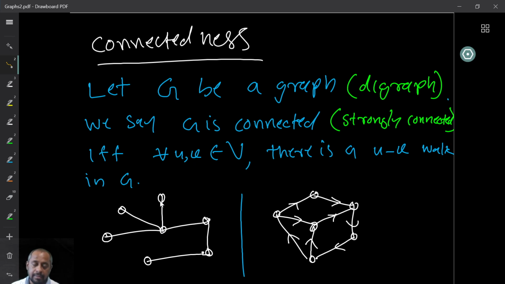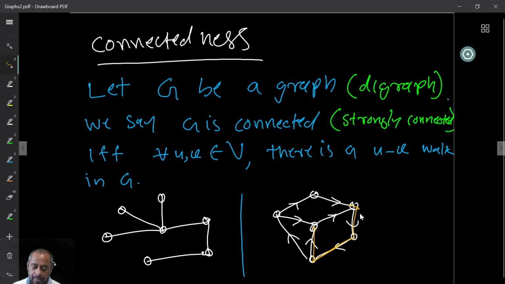Now this digraph is strongly connected because, again, you can verify that if you start from any vertex, you can go to any other vertex. So I want to go from here to here, here. This is possible. I can go from here to here. Similarly, from any vertex, I can go to any other vertex.